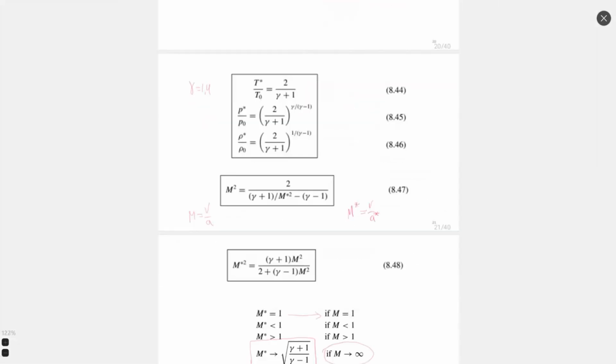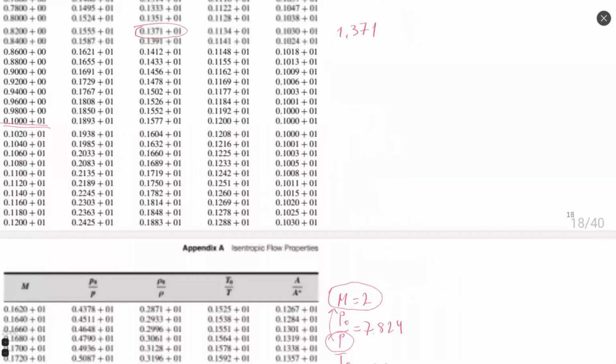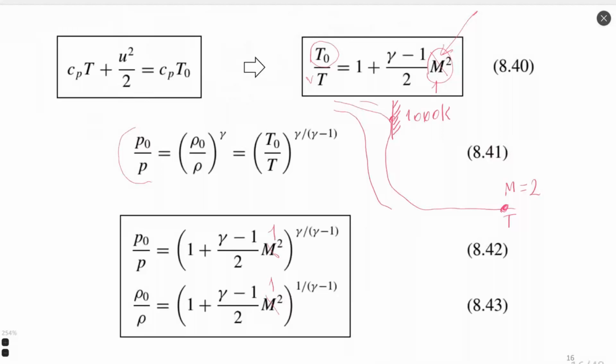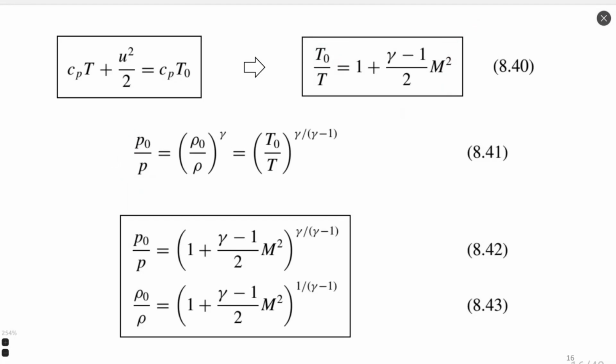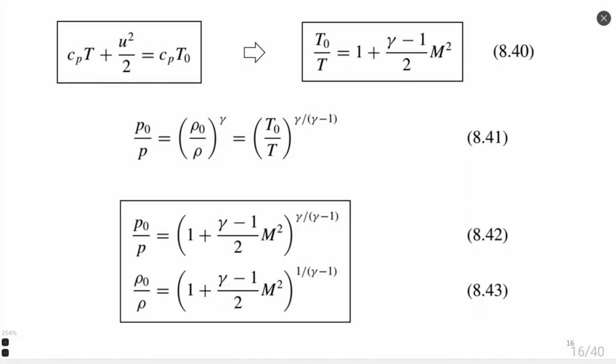Just a moment, I will switch to these equations. Here they are. I'll just remove some of my previous marks. Okay, relation between temperature, pressure, and density with Mach number, or we can use an alternative and equivalent way, which is table Appendix A from Anderson book.